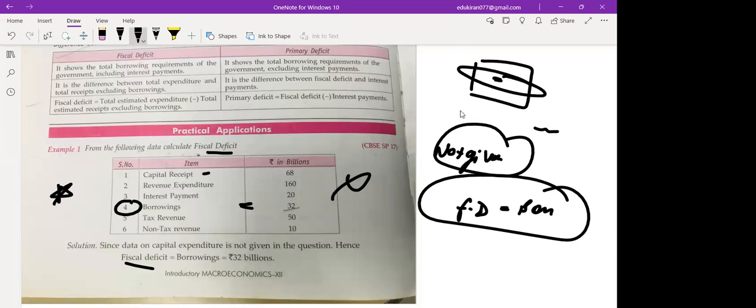Put the value, get the answer. No need to waste your time. Over here also, you people were considering a lot of things and solving it, but no need because entries are incomplete. That means fiscal deficit is equal to borrowing. Clear? Yes, sir. Quickly note it down.